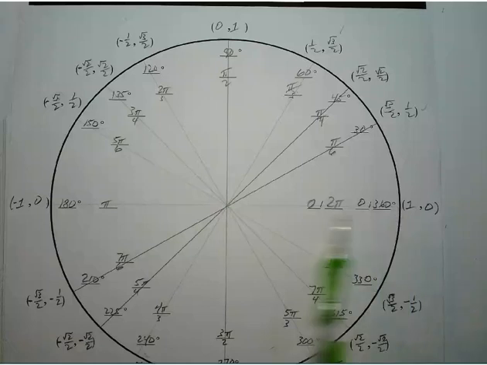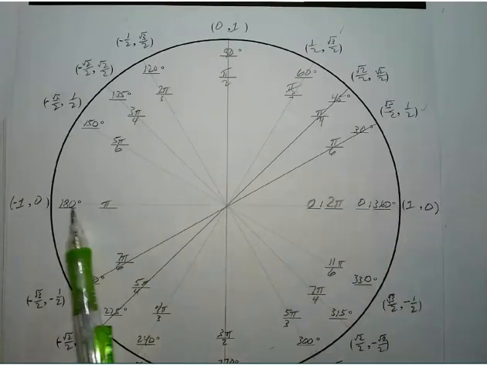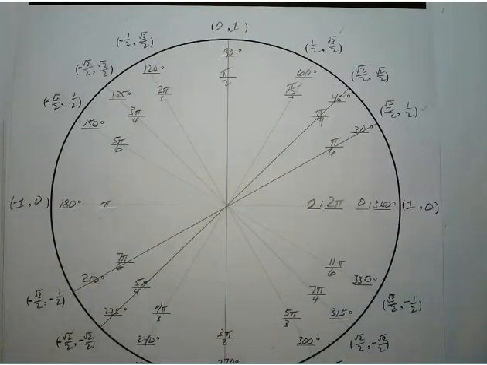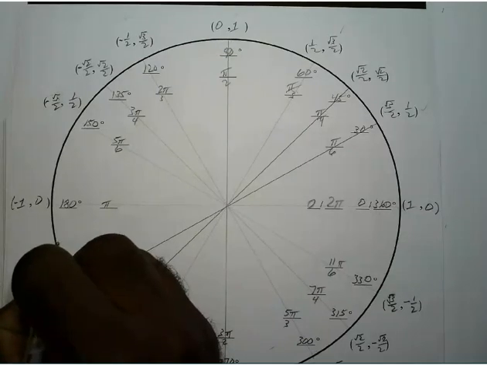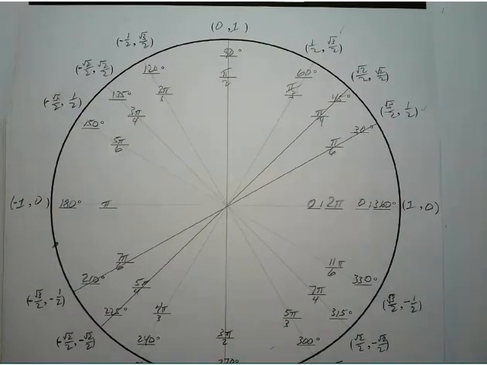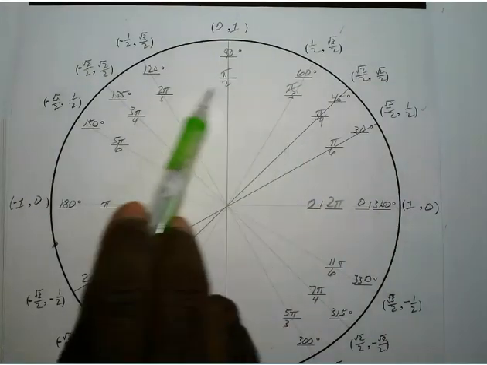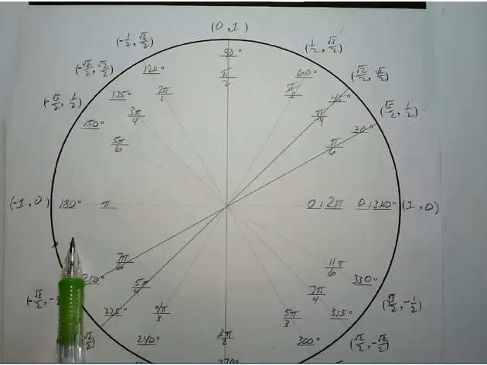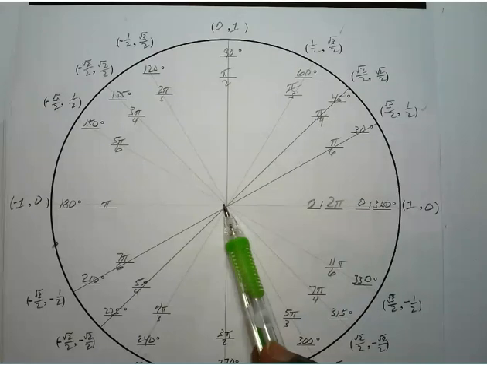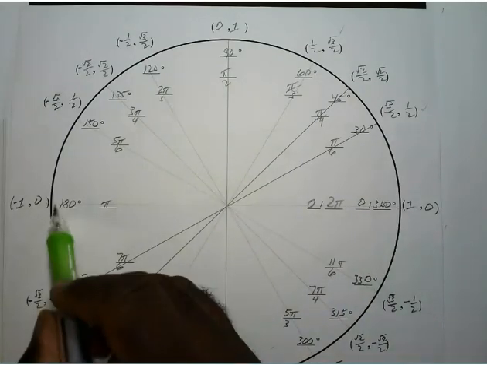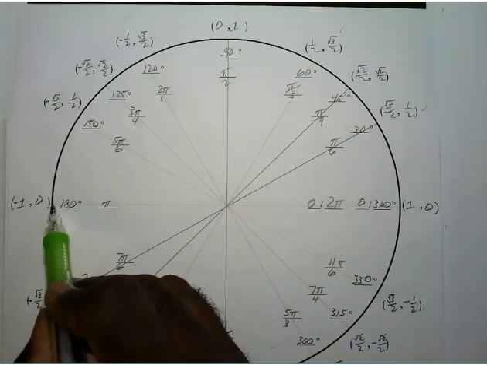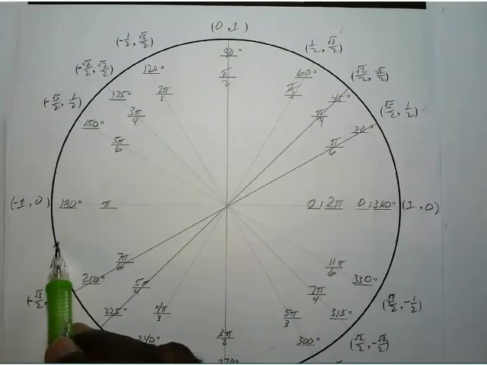So we see here that this is our x-axis. Let's say your terminal point was right here. Instead of going all the way around and finding that angle, we'll use a reference angle or reference number and just find the distance from the x-axis to this point.